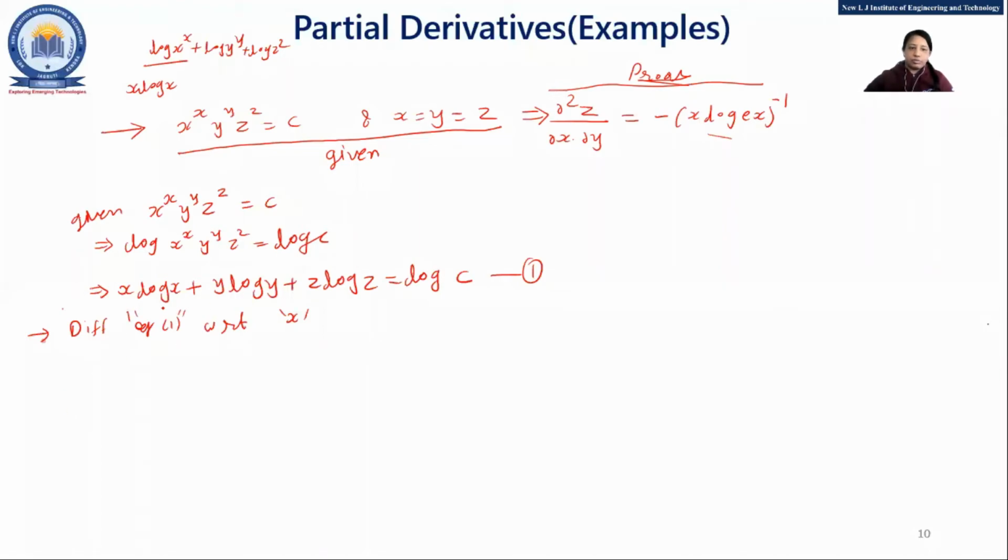Both sides you need to do, right? So this is with respect to x. You can see x and log x are both functions, so the multiplication rule will be applied. So x into 1 upon x plus log x into 1. I'll underline this part.